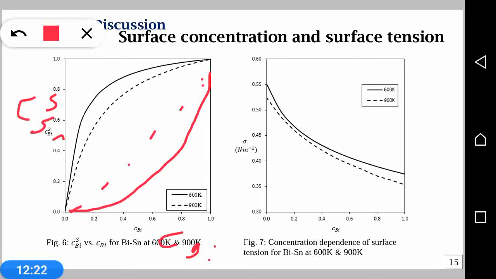That means this graph of surface concentration of bismuth against the bulk concentration of bismuth is sufficient to describe what happens with tin, because the surface concentrations add up to 1 while the bulk concentrations of the components add up to 1.